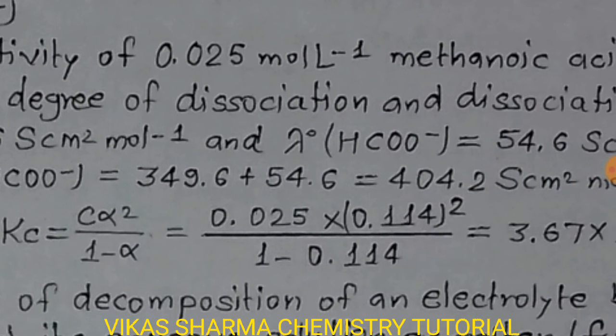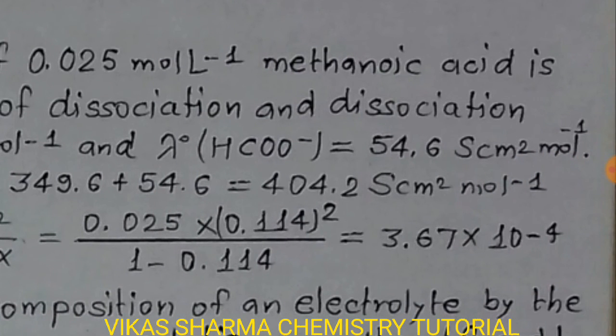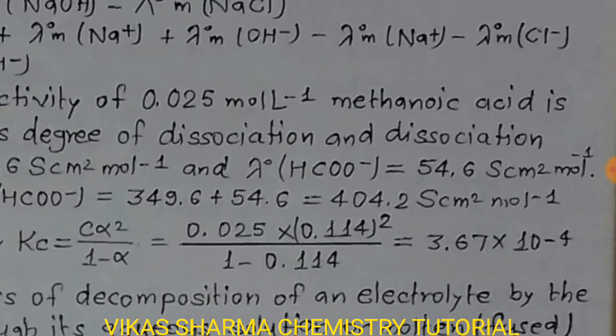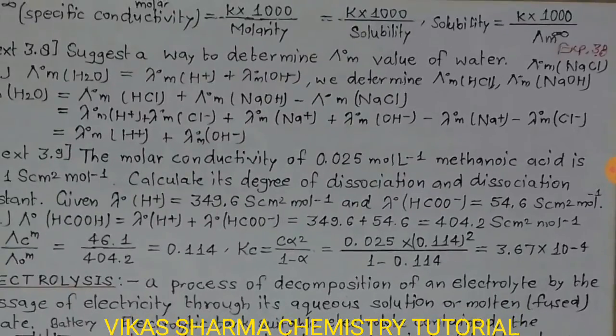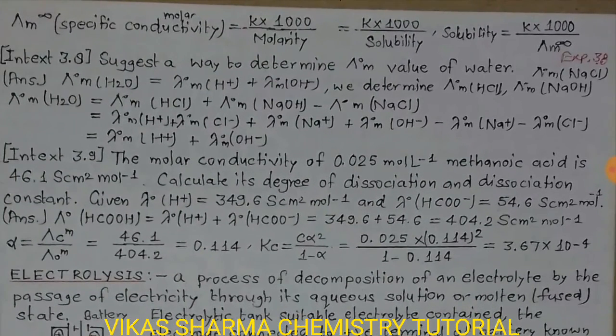Then the dissociation constant is equal to C alpha square divided by 1 minus alpha. It is equal to 0.025 multiplied by 0.114 square and divided by 1 minus 0.114. It is equal to 3.67 times 10 to the power minus 4. So students, these two questions are based on the law of independent migration of ions, or Kohlrausch's law.